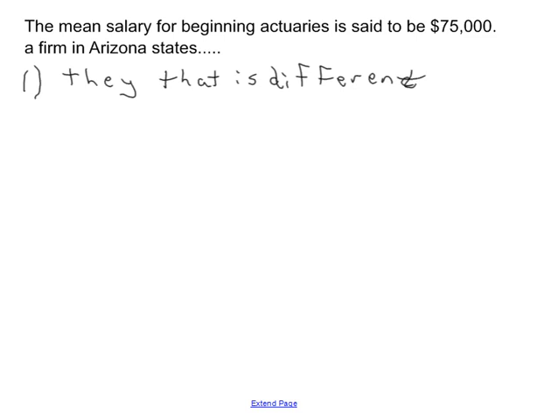Then the null hypothesis would be mu equals, because we're talking about the mean, 75,000. The alternative, well, they said different. Different would be not equal to 75,000.